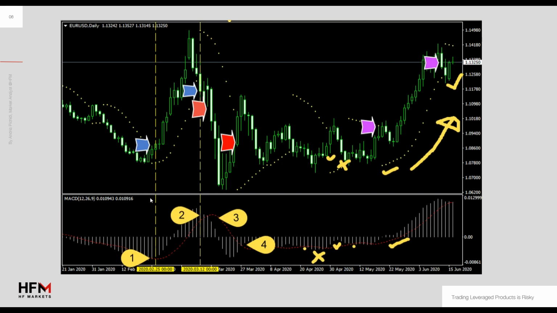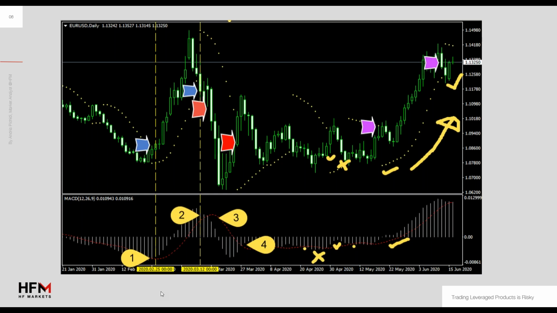So, are our MACD and Parabolic SAR presenting a positive bias, a buying entry, or not? Do they agree or don't they agree? I will wait a bit.